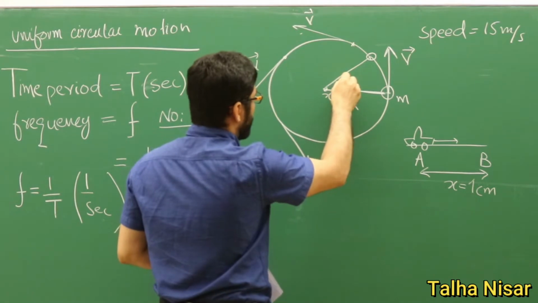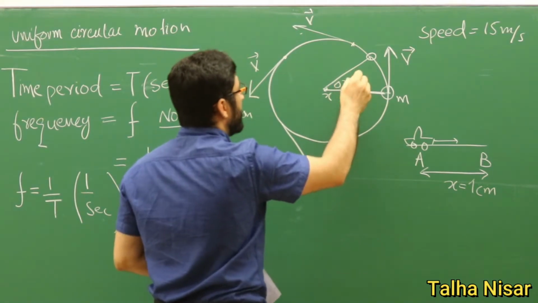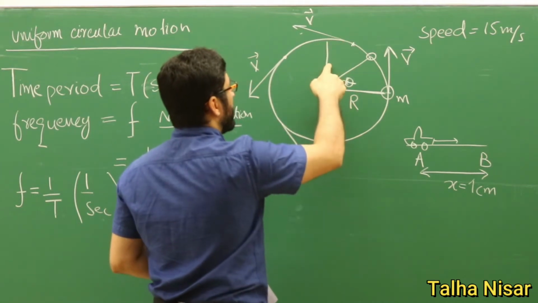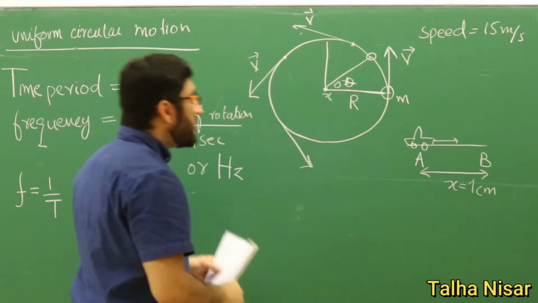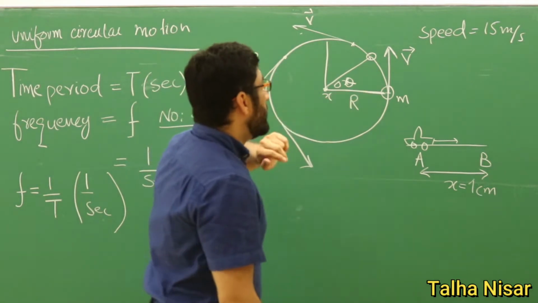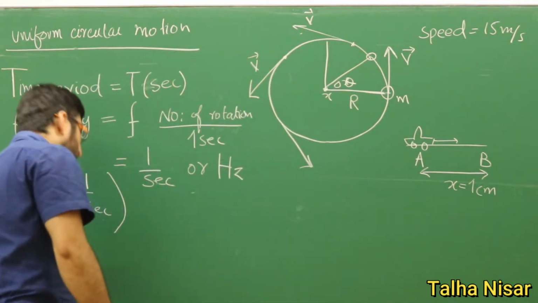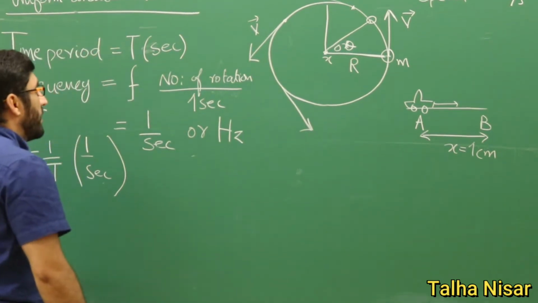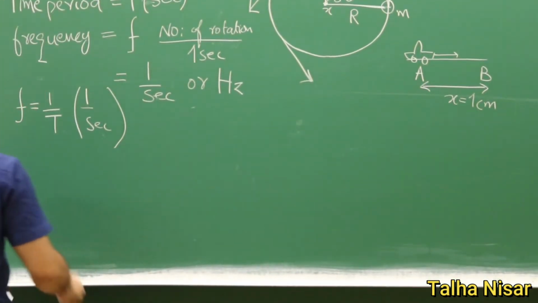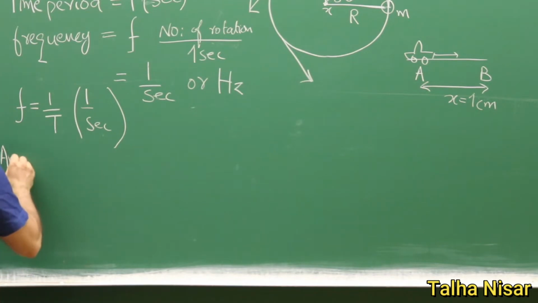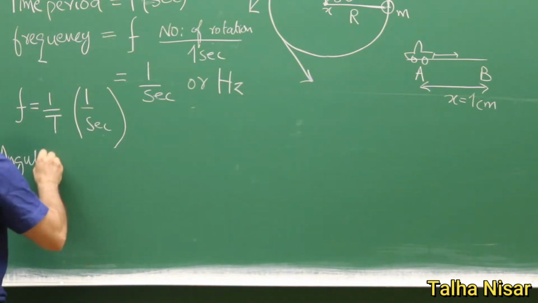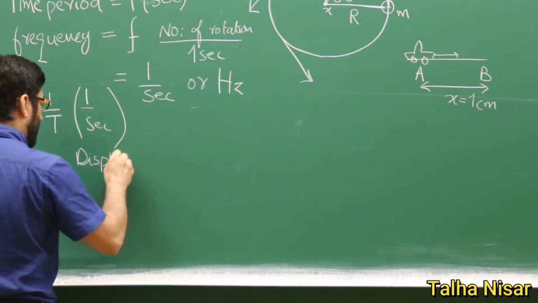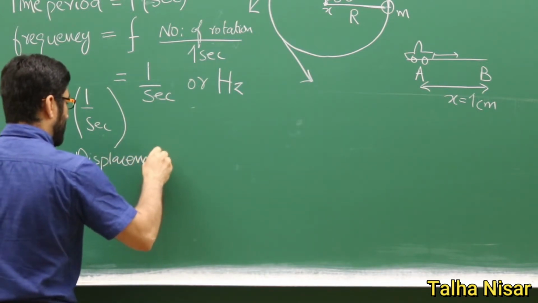So we have theta that is changing. For example, when the object is here, then the angle is 90 degrees. So what's changing here is the angle. That's why when we talk about uniform circular motion, for the displacement, we use the angular displacement.